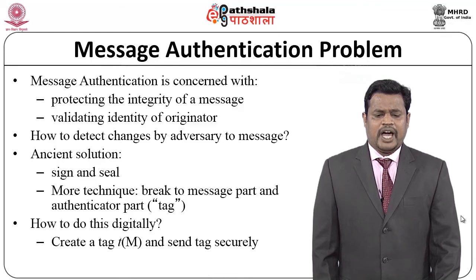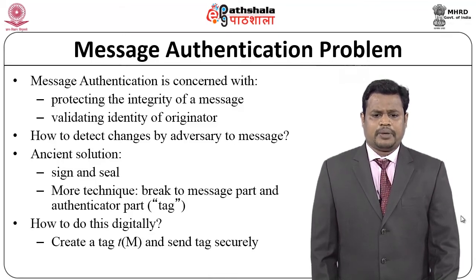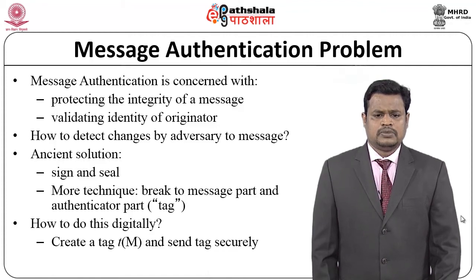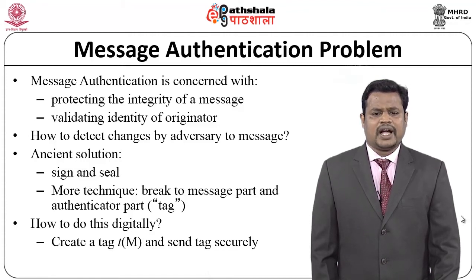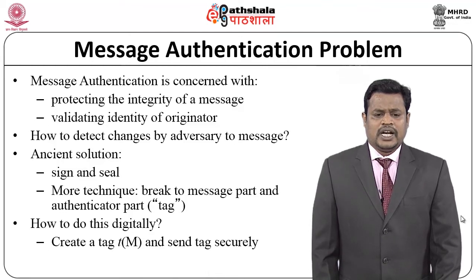In a more technical approach, we break it into the message part and the authenticator part. We take a message, and along with the message we also send the authenticator part. Here we can make it a tag. The tag will ensure the authenticator part. That is the ancient solution.